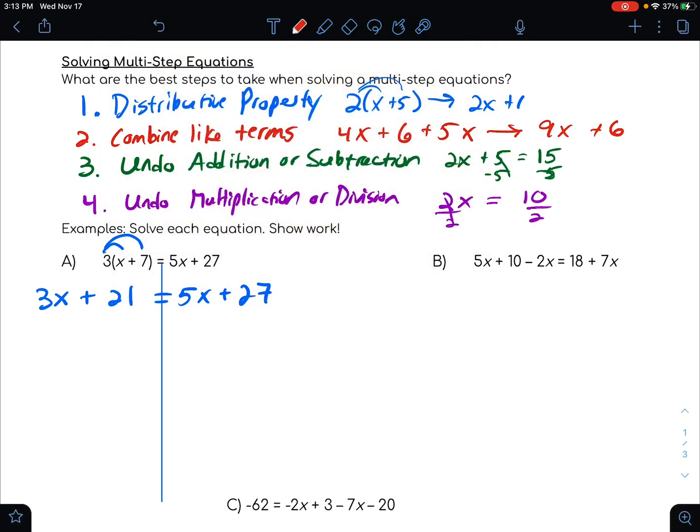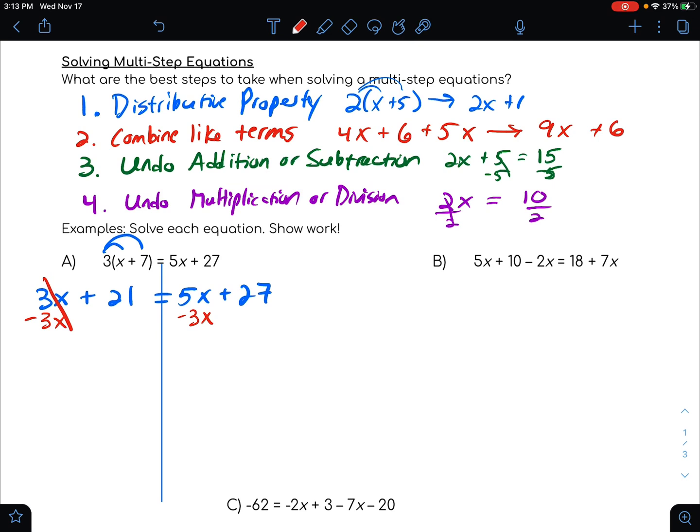Now in this case, we have some x's in the equation that are on opposite sides of the equation. Sometimes they're on the same side, sometimes they're on opposite sides. So let's go ahead and combine those, but to move it from one side of the equation to the other does require undoing it from one side. So in this case, I'm going to undo the positive 3x by subtracting it and moving it to the other side of the equation to balance out the subtraction on the left side.